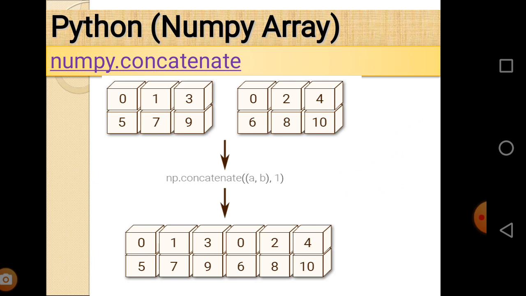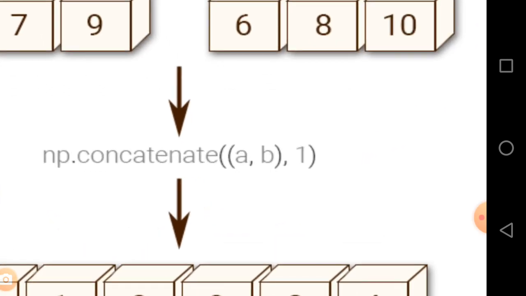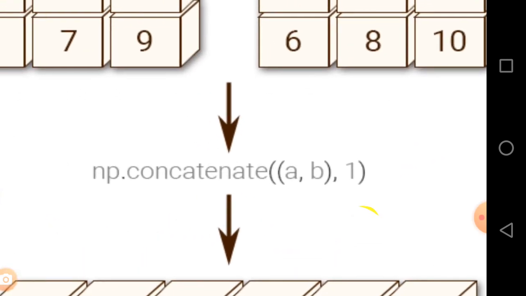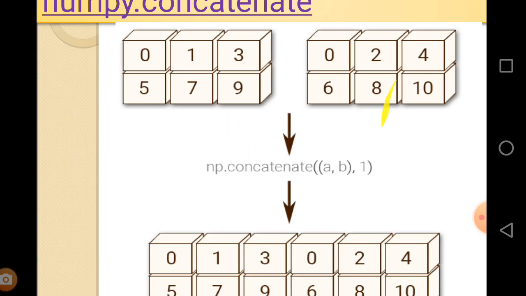This is a pictorial representation of concatenation of two arrays. Array 1 has elements 1 3 5 7 9. Array 2 has elements 0 2 4 6 8 10. And here, when we use the function np.concatenate, a is the first array, b is the second array, and then comma 1 means along axis 1.